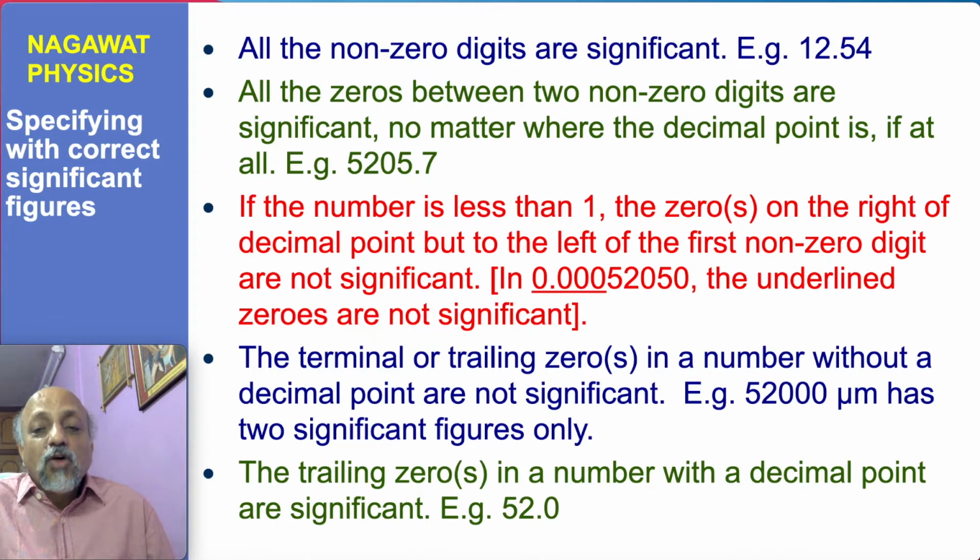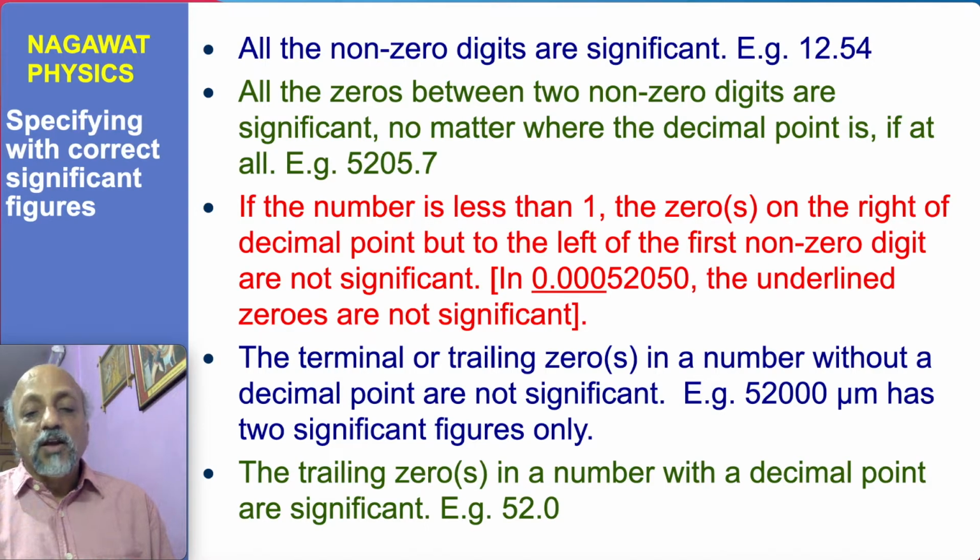The trailing 0, however, becomes significant if you write it as 52.0. That is why in the earlier example I said that 52 millimeter has 2 significant figures, but in 52.0 after the decimal we have the 0, and 52.0 indicates that there are 3 significant figures.